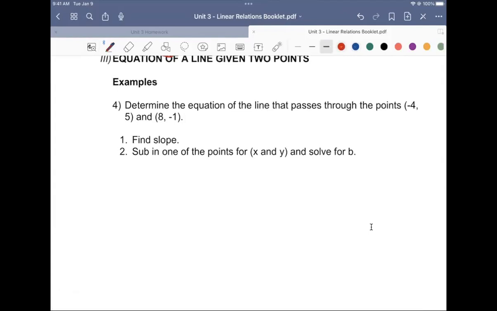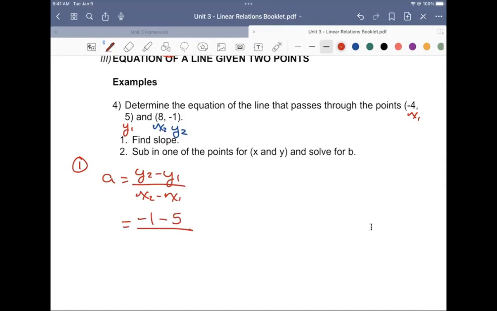I know that I'm given x1, y1, x2, y2, which means I can find the slope as a is equal to y2 minus y1 over x2 minus x1. This is going to be equal to negative 1 minus 5 over 8 minus negative 4.